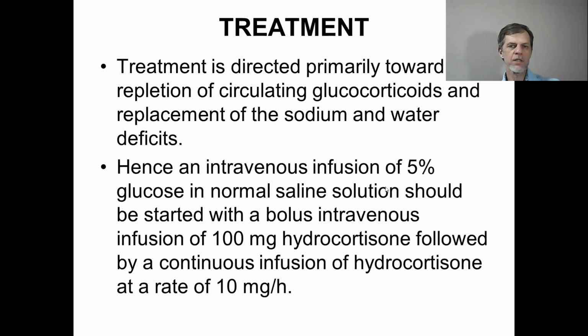So intravenous infusion of 5% glucose in normal saline solution should be started with a bolus intravenous infusion of 100 milligrams hydrocortisone, followed by a continuous infusion of hydrocortisone at a rate of 10 milligrams per hour.